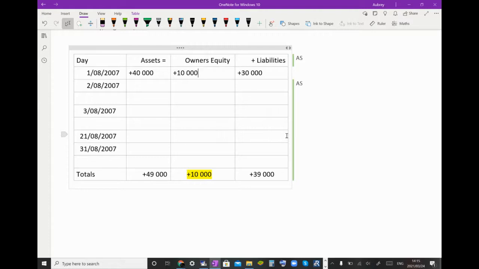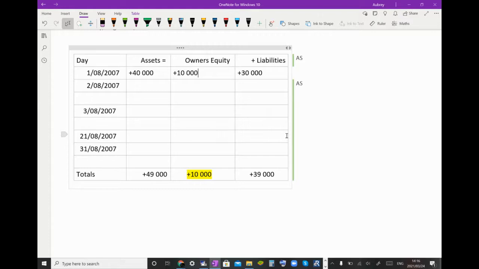So, guys, the transaction that happened on the 2nd: how do we treat it? We cashed a check for 2000 for the petty cash. The first thing to ask yourself when you read a transaction is which accounts are affected by this transaction.